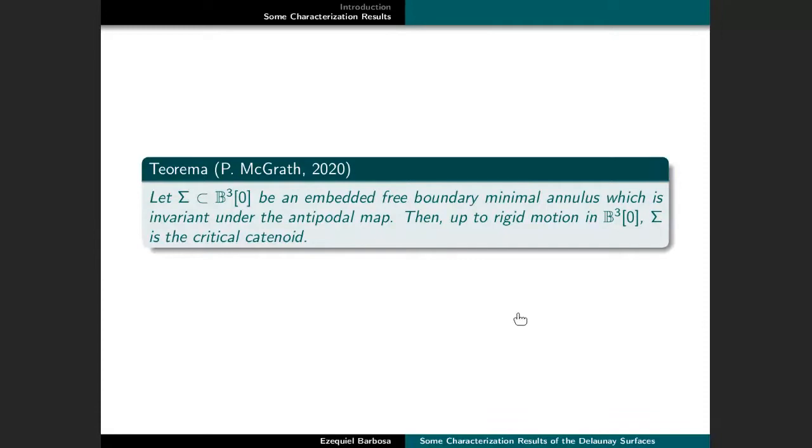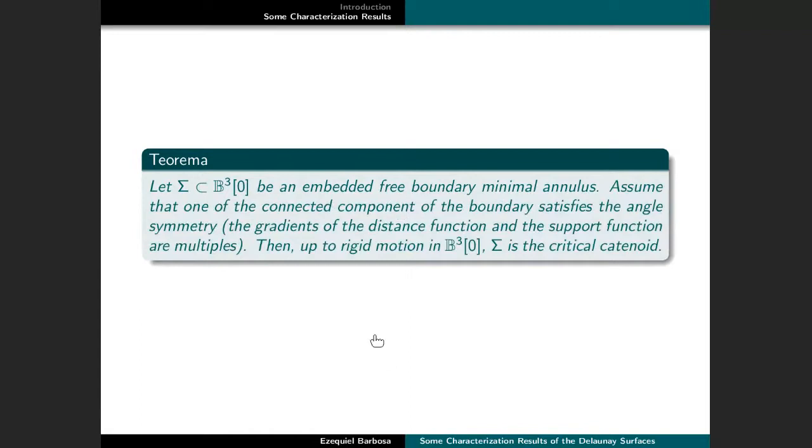And this result here, for example, let me say, if you have a kind of angle symmetry, that is, if you consider the gradient of the distance function, the gradient of the support function, if these vectors are multiples along one of the components of the annulus, then the surface should be the critical catenoid. This is another kind of symmetry for the boundary you can explore in order to prove the surface is the critical catenoid.